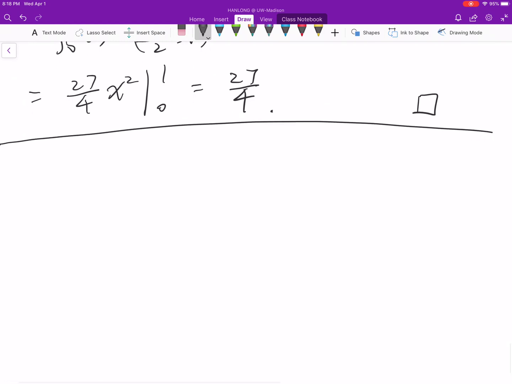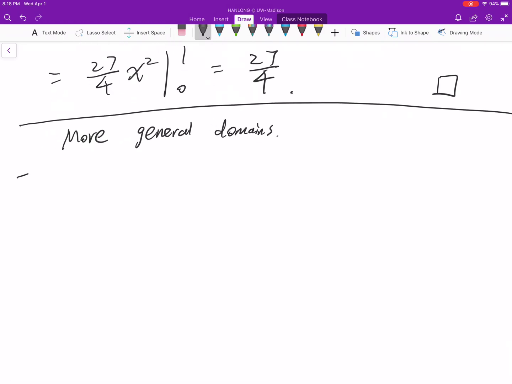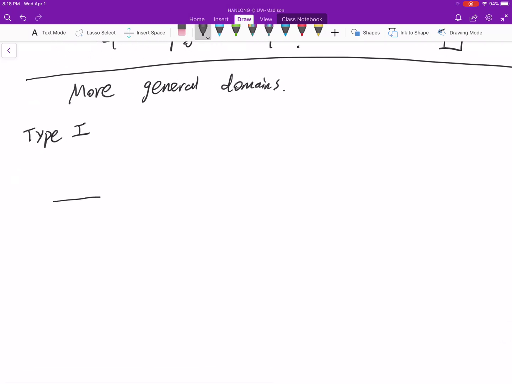That's the case for a box, but of course we expect a method for more general domains, just like type 1 domain or type 2 domain for double integrals. Therefore, we also introduce the following doable case. So suppose you have the following region in 3D, x, y, z.